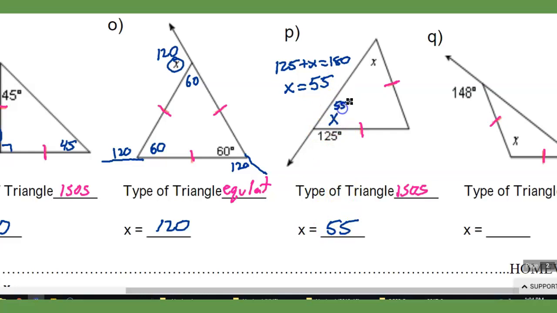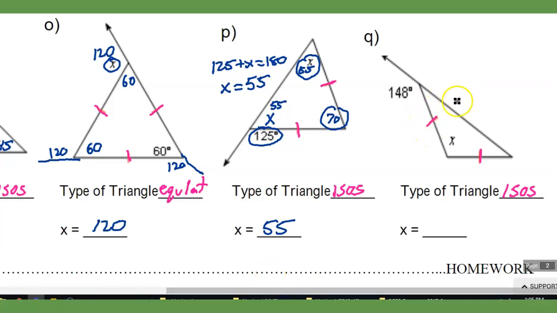So that's 55. This must be 55. 110 total. All right, so to get to 180, I need 70 more. That would be a 70-degree angle. And no surprise, 55 and 70 add up to 125. So the exterior angle always adds up to the two remote interior angles.